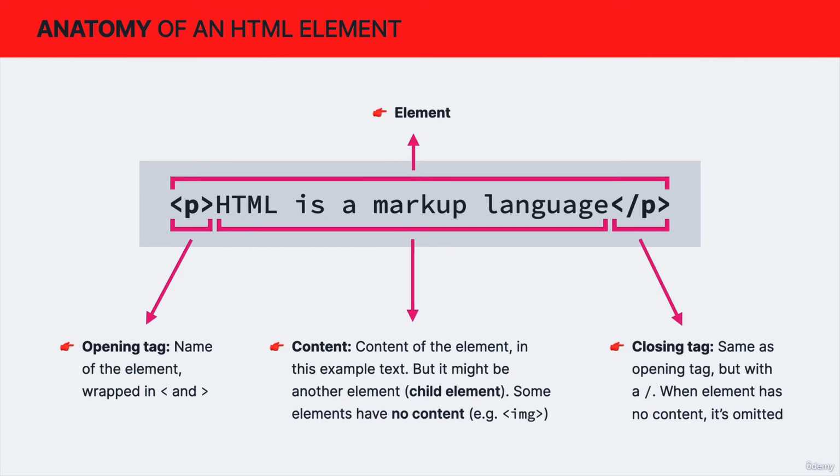So in that case, we only have the opening tag and that's it. And we will see that in action, of course, once we start integrating images into a web page. Okay, and that's really all you need in order to start learning HTML in practice, which is exactly what we will do in the next lecture.